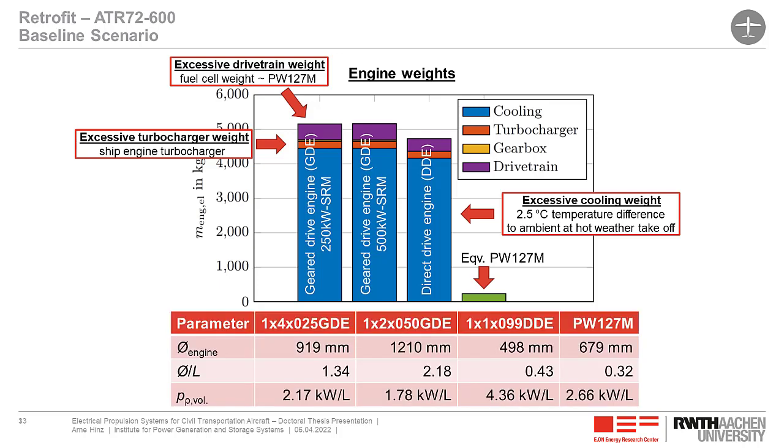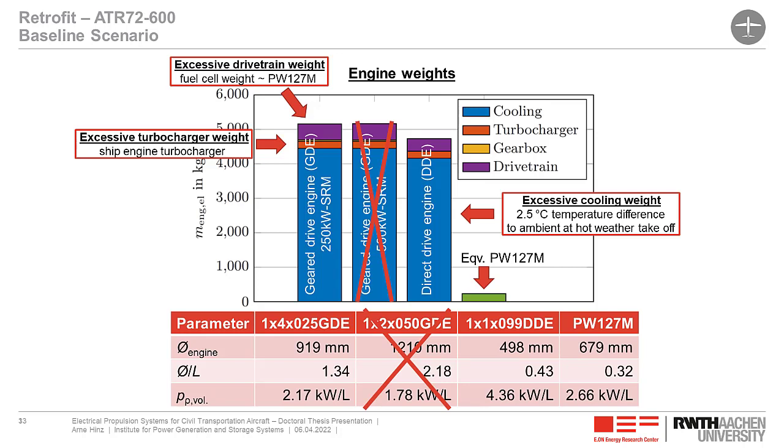Regarding the size, we can see here that the direct drive engine is quite okay regarding the diameter to length ratio, but the gear drive engines are to some extent a bit excessive, especially the 500 kilowatt type gear drive engine, which is not anymore considered in this thesis.